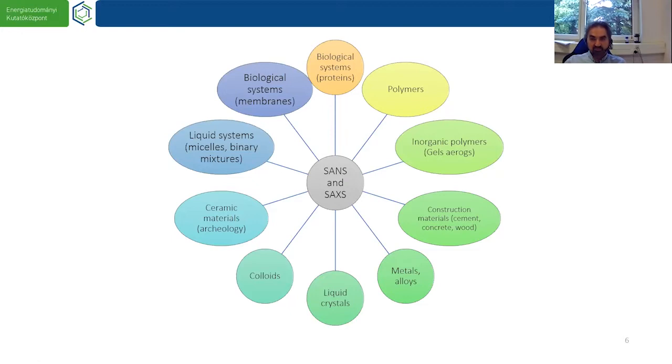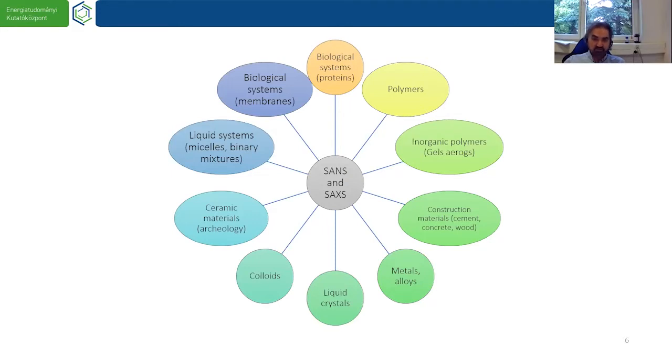If you think about what kind of material can have structure in these sizes, then first of all we must remember the biological systems. The most basic unit is the protein, in the cell, and all proteins have sizes of approximately a few nanometers. So they perfectly fall into the domain of small angle scattering and can be very well characterized. And this is one of the major topics of small angle scattering.